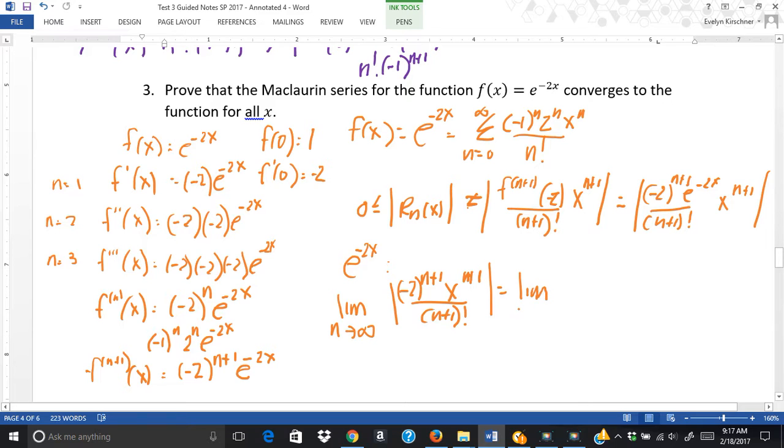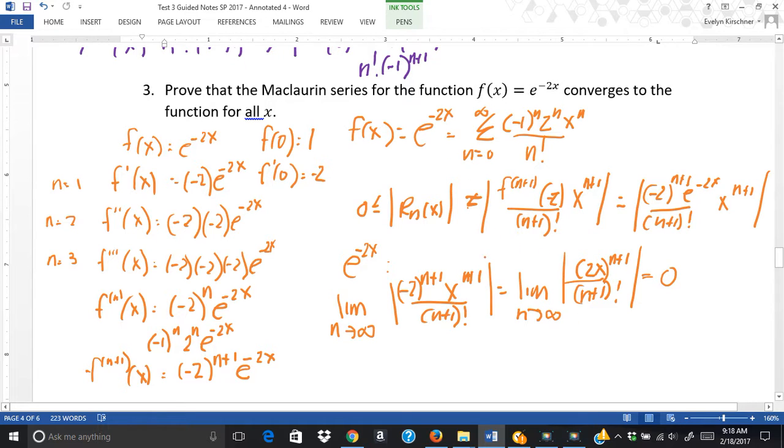So if I look at my limit as n goes to infinity of 2, I bring my x in, 2x to the n plus 1, over n plus 1 factorial. Remember, the negative, if it's absolute value, goes away. And I know as n gets really big, this is going to go to 0 because the bottom is going to get really big.